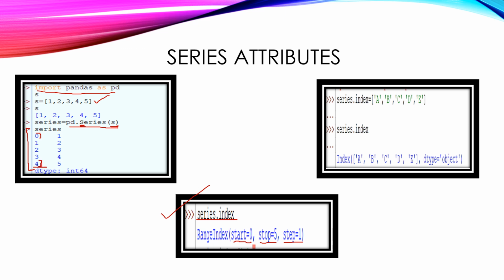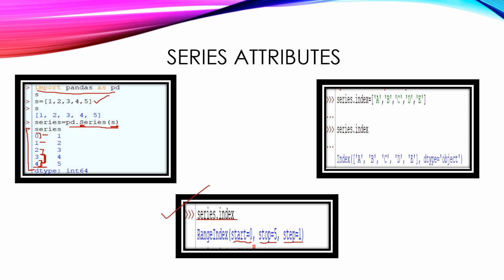Thus the range starts from 0 to 5, and the last index is 4 with a step value of 1. 0 plus 1 creates 1, 1 plus 1 creates 2, and so on, and 4 plus 1 would be 5, but the range stops at 5, thus we cannot move any further. This was the series.index.